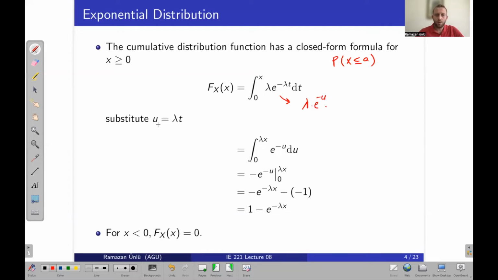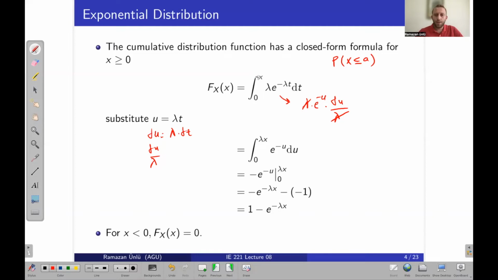If u is equal to lambda t, then du is equal to lambda times dt, so dt will be du divided by lambda. These two lambdas cancel each other, and I end up with the integral of e to the minus u du.